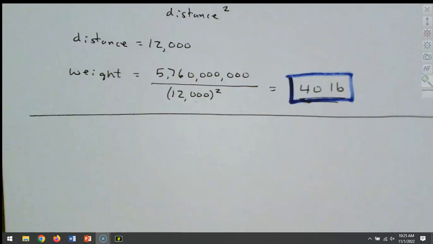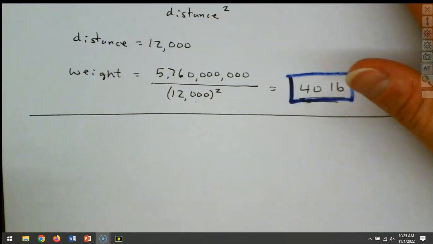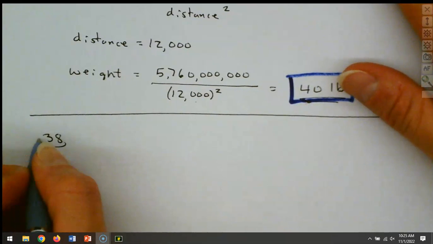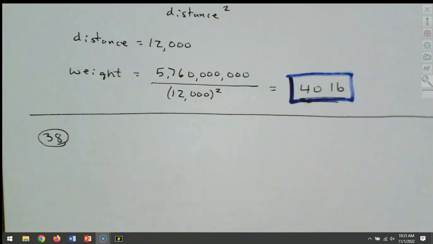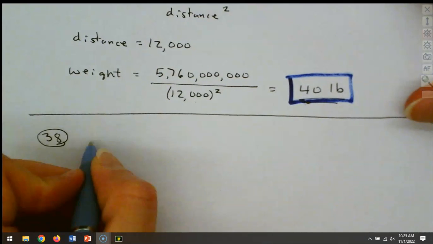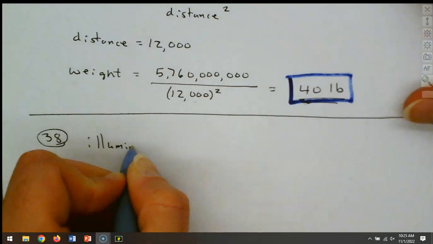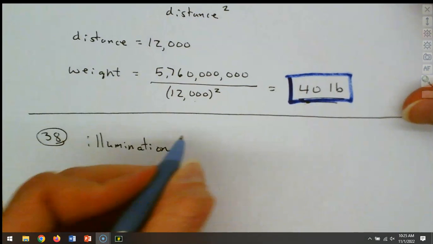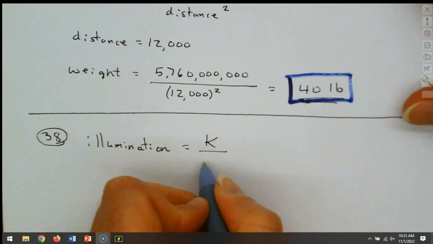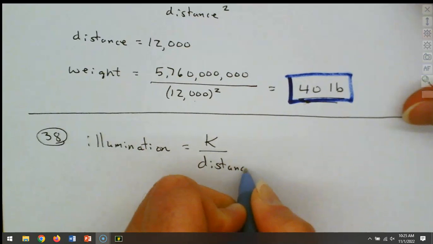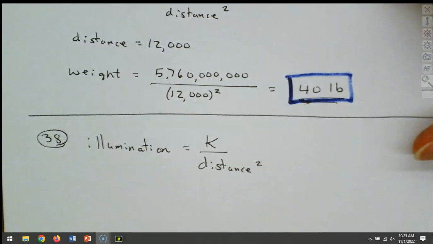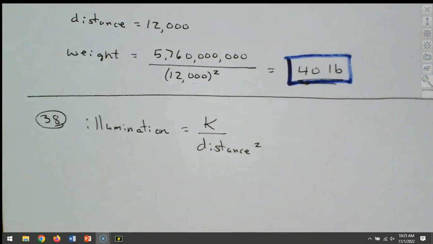It's an inverse variation. We were looking at illumination, and this is question 38 here. So we've got illumination, and that varies now inversely as the square of this distance. So k over that distance squared. So there's our formula. So the illumination is going to equal k over the distance squared.